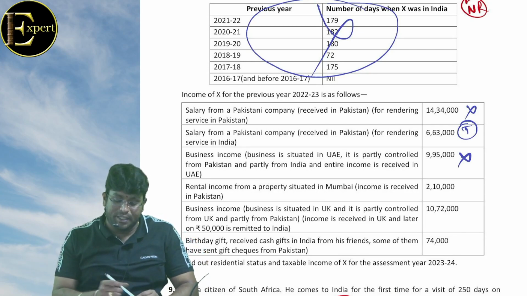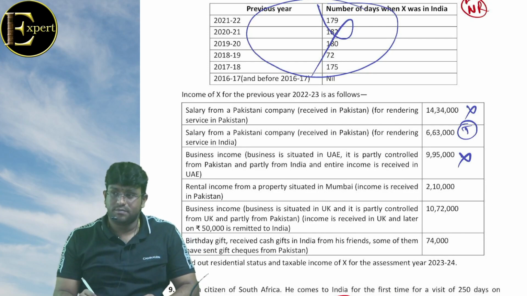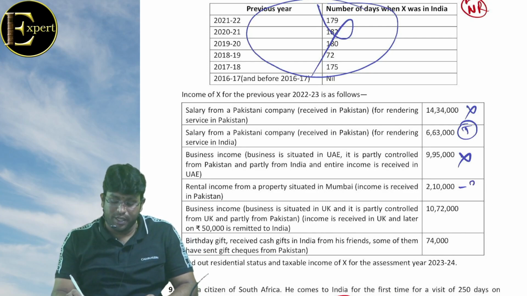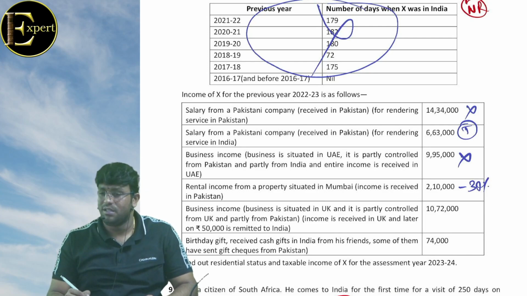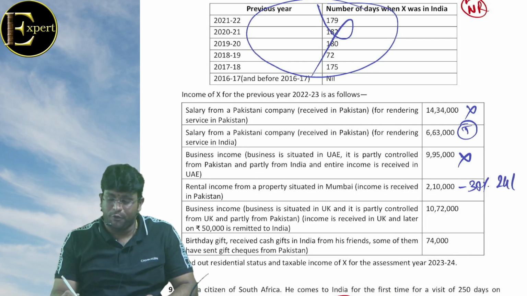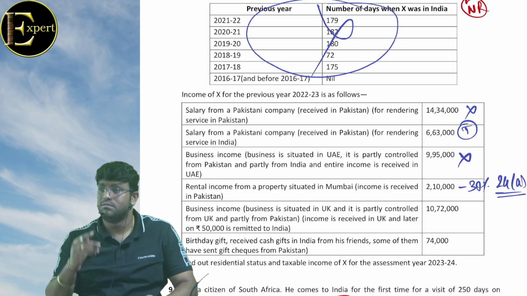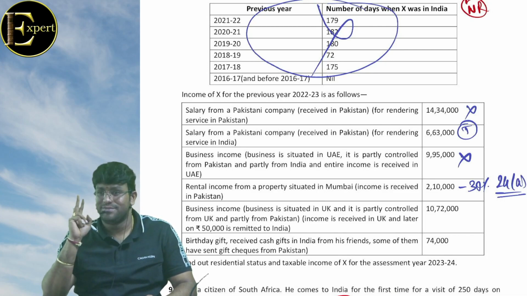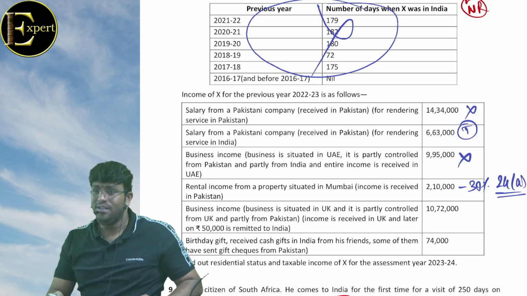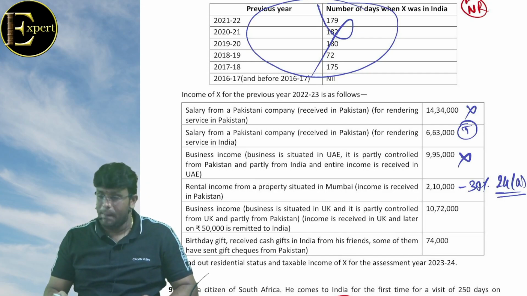Rental income from property in Mumbai. Indian, but you have to reduce something called 30% standard deduction under section 24(a). Don't say 24(1). 24(a). Next point. Business income. Business is in UK.